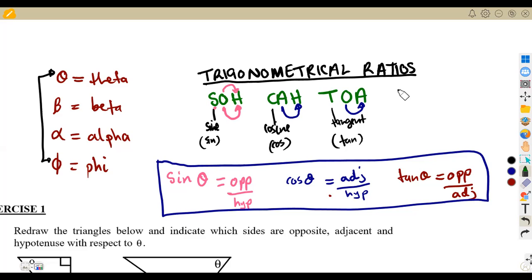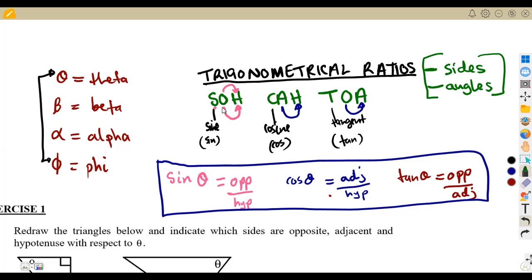What am I trying to say? The trigonometrical ratios now can be used to calculate sides. You're either going to use them to calculate sides or to calculate angles. As long as you are given a condition where you have a trigonometrical ratio, you can use it to calculate whatever you want.